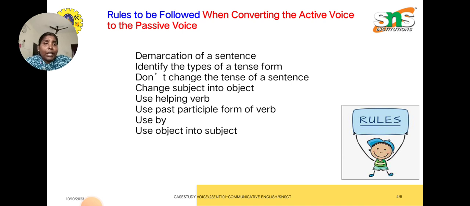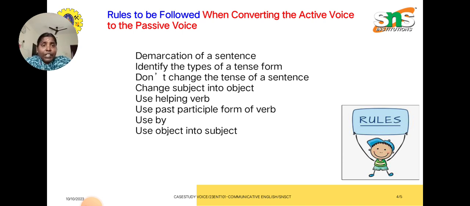Grammar is like a mathematical formula: when you apply the formula in the right place, you will get the answer properly. Similarly, if you understand the grammar rules, you can be very confident about it. You can say, my answer is right, I arrived at it by applying it this way.